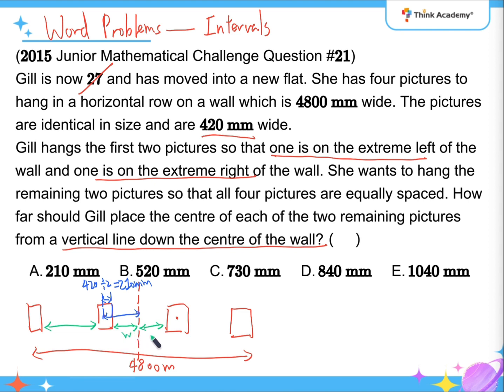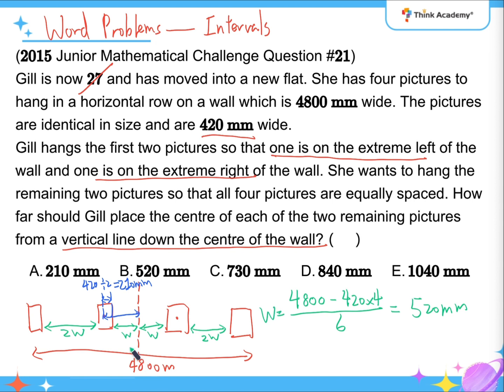Say it is W. So each gap is going to be 2W, right? And all the 6 W's added up is going to be the total width of the gap, which is the width of the wall, take away the width of the 4 paintings, and then you divide it by 6, such that you can see that it's going to be 520 millimeters.